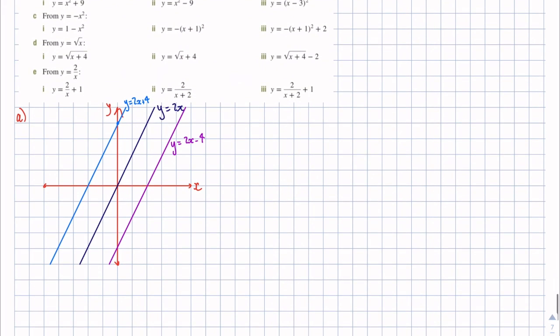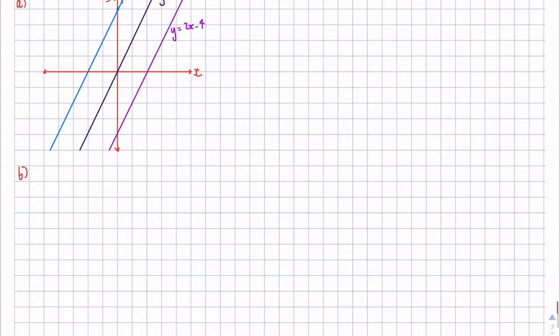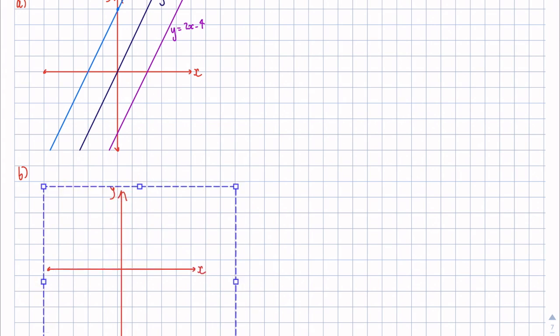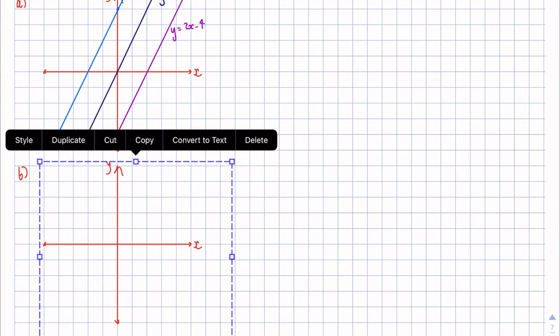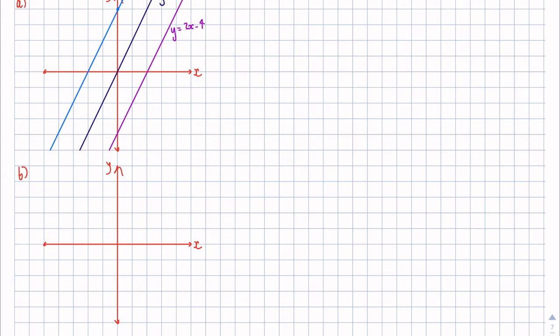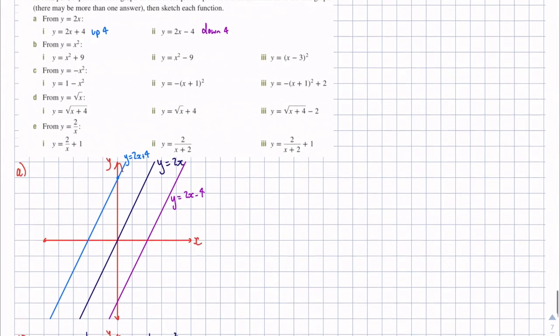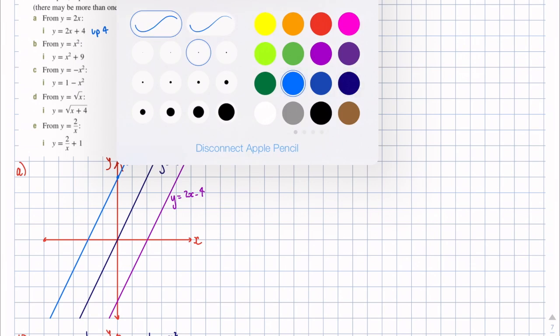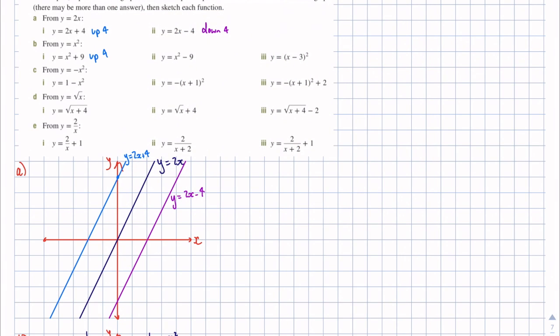Question B is from x squared. So if I just do my generic formula, x squared goes through like that. So that's y equals x squared. Now, the first one has gone up 9. The second one has gone down 9.